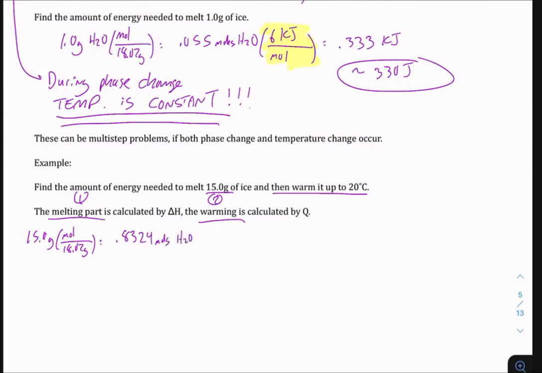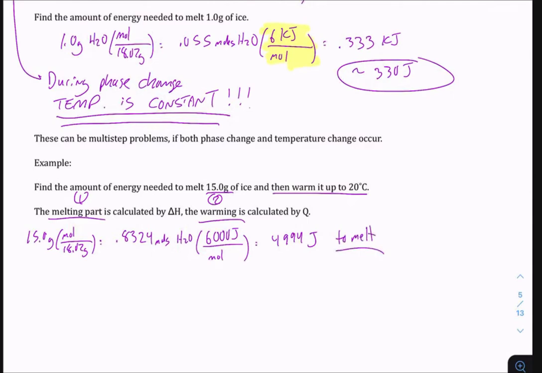That's how many moles of water I'm talking about. And the heat of fusion is 6 kilojoules, or 6,000 joules per mole. That gives 4994 joules. That's how much energy it takes to melt.